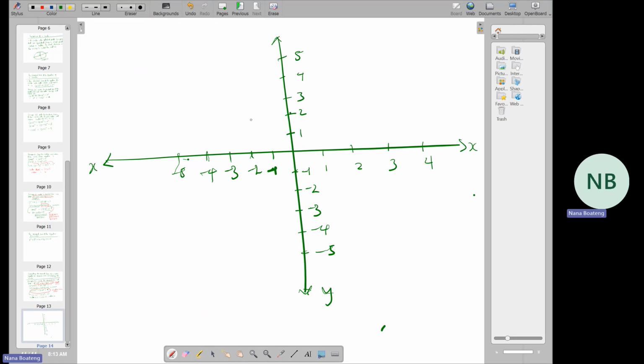So the center is here, and the radius is 3.